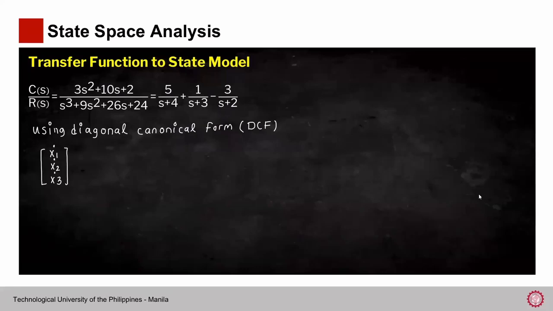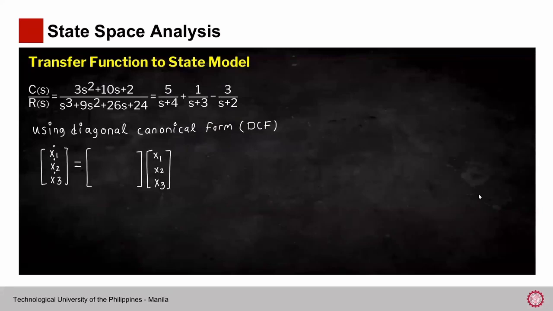So, anyway, paano yan, sir? Paano po yan? So, by the name itself, diagonal canonical form, ang mangyayari is yung mga poles natin, okay? Wait lang ha. Then x1, x2, x3.